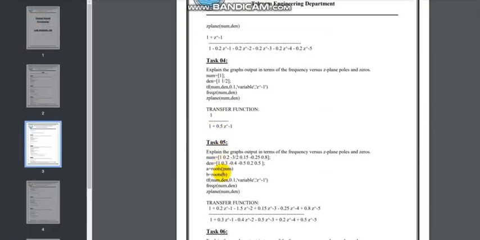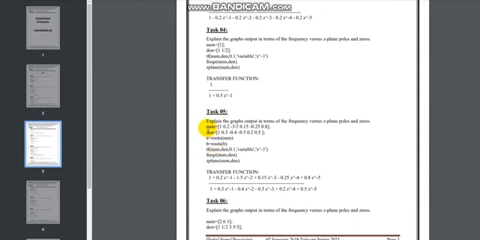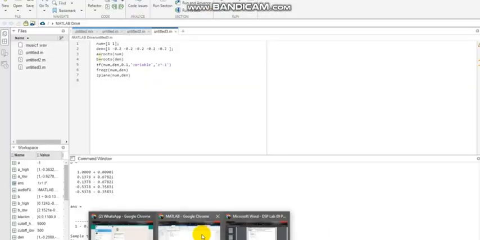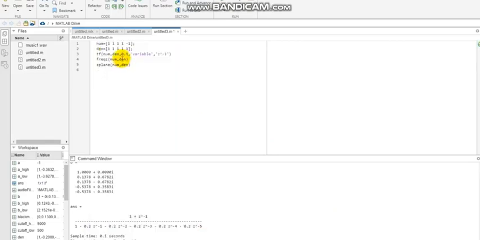Moving on to task 5 of this lab, we have numerator and denominator values, and we need to perform them, and it is the same.